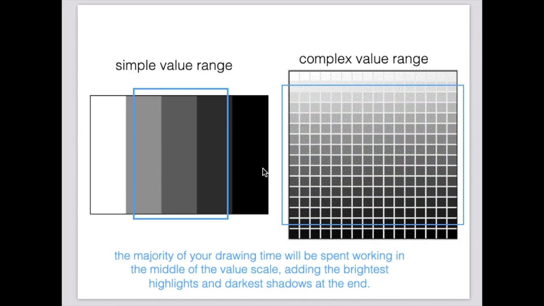It doesn't have to be at the very end, just sort of something to keep in mind. You don't want to be working your dark tones to a step 5 or a very dark gray, black tone, and then you realize that your entire drawing is too dark. So a lot of the time you're going to be spending in the middle of these value ranges.